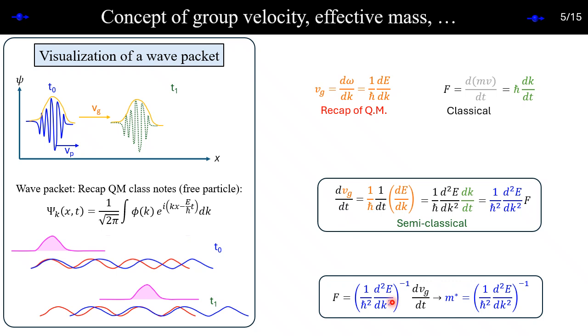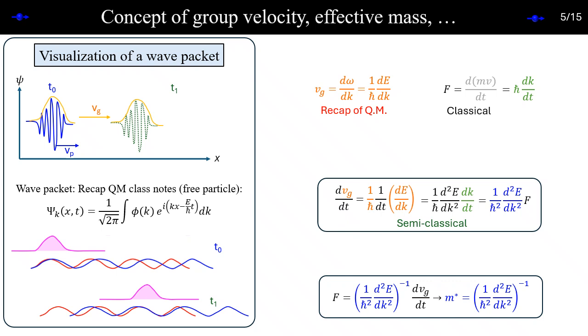Because we want to use this Newton-like semi-classical equation, rather than going into a complicated quantum mechanics problem, let's define something which mimics mass. And that we can easily get from the EK, because EK is the basic thing. If the EK dispersion is given, you can know the mass, and you can know the group velocity. You are almost there.